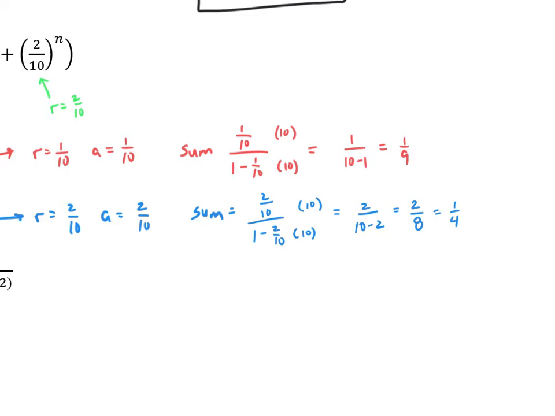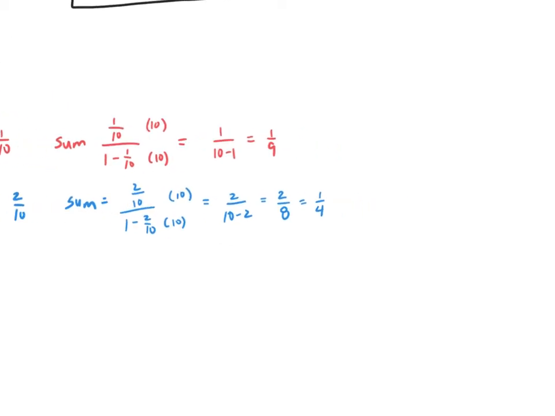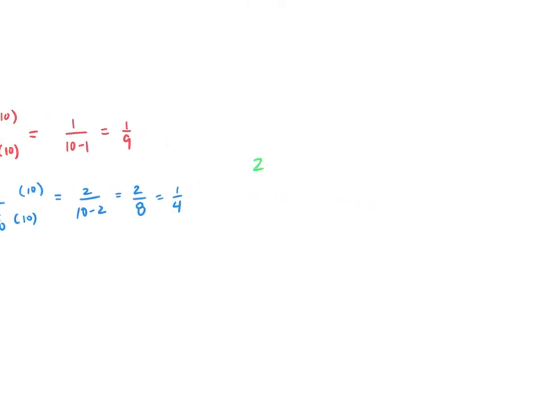Okay, so here's what we have. Let's put all of this together really quickly. So we have 2 that's multiplied by the sum of 1/9 plus 1/4, and let's just work on these fractions a little bit. So we have 2/9 plus 1/4, which is the same thing as 8 over 36 plus 9 over 36. Don't forget that easy math you learned way back when.